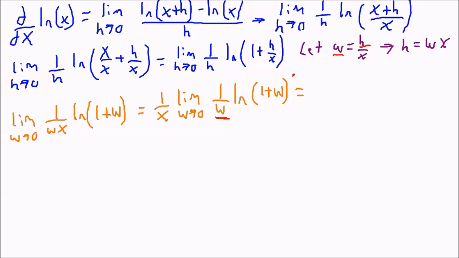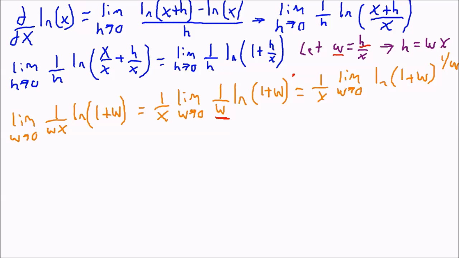So that's going to turn into 1 over x, limit of w going to 0, and now that 1 over w is going to go to my exponent spot, so this is the ln of 1 plus w to the 1 over w.